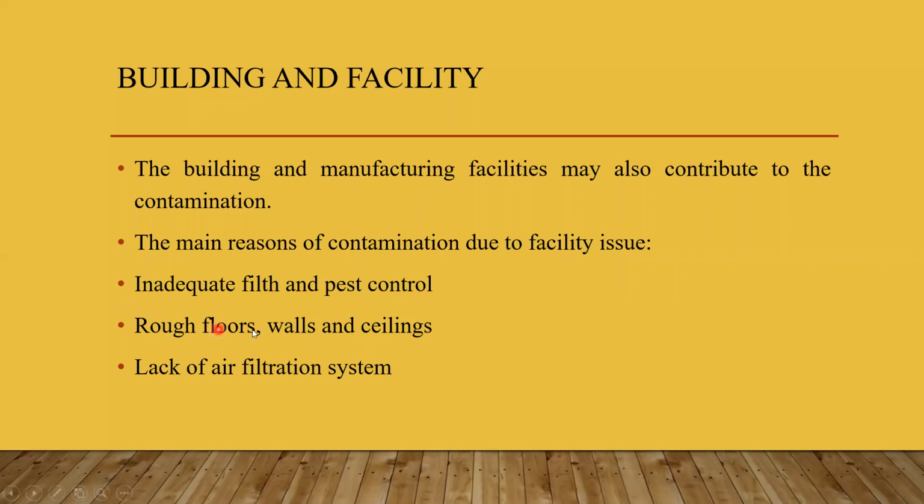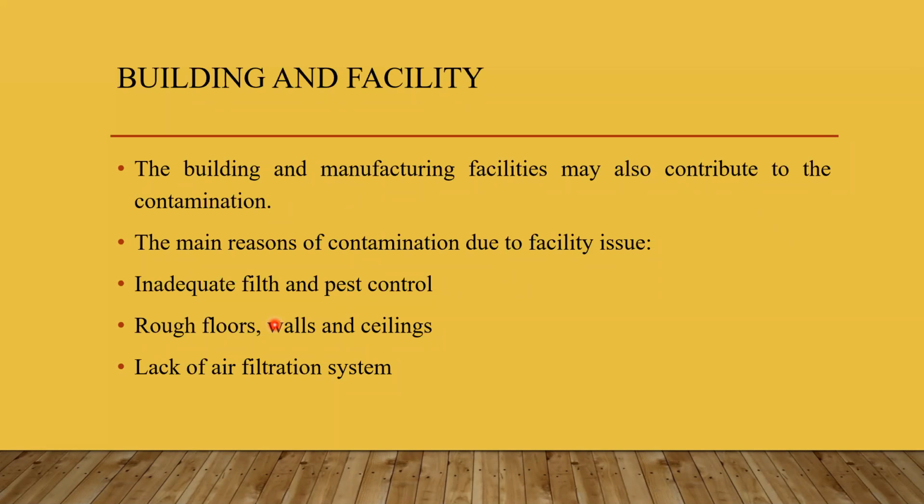Then rough floors, walls and ceiling. If there are rough floors and walls of the ceiling, there is a 100% chance of collection of dust on the rough floor. And the dust and soil also contain different types of microorganisms.